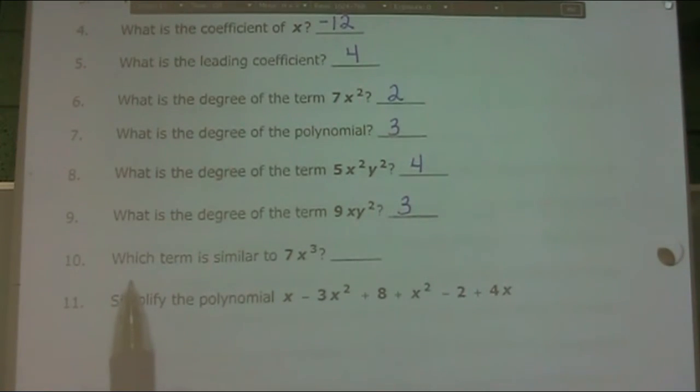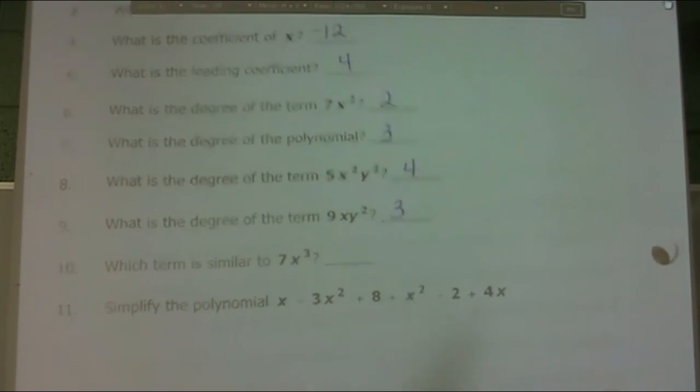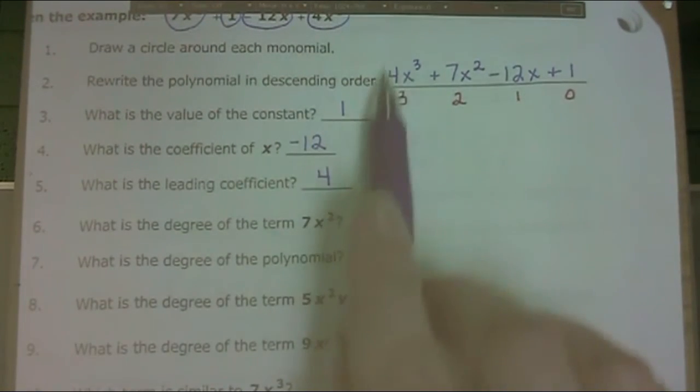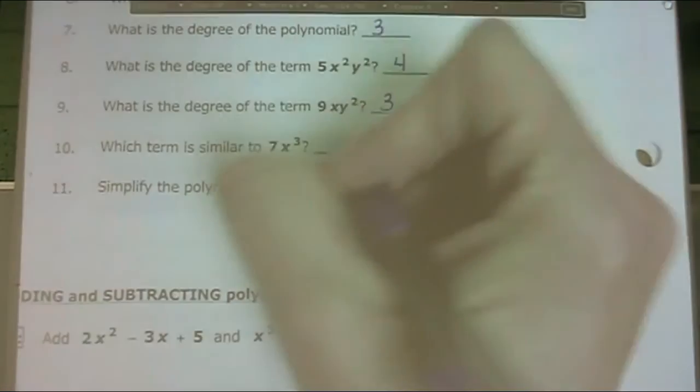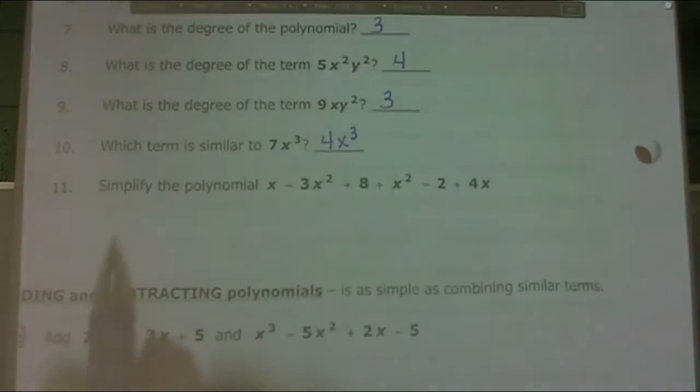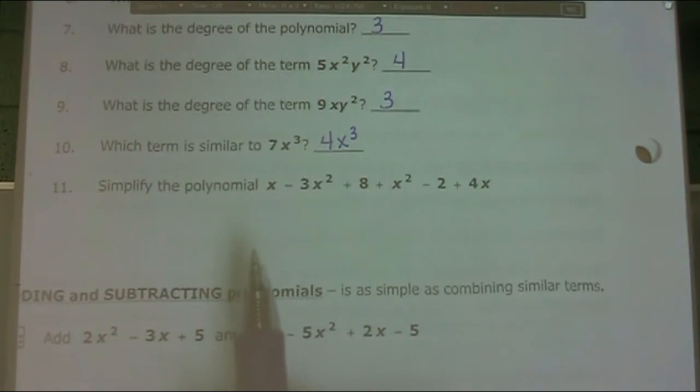Which term from our example is similar to 7x to the third? Similar means the same variables and same powers of those variables. That's here, 4x to the third. Finally, we have simplified the polynomial. And remember, the first thing we want to do is combine our like terms. So I'm going to look for like terms.